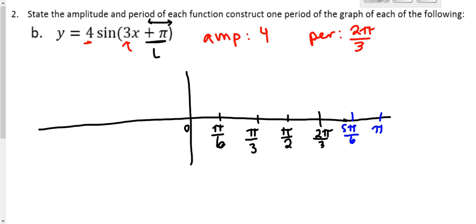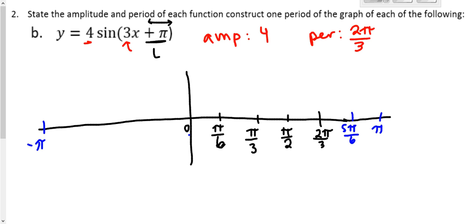So if we are going to move everything to the left by pi, the one that is usually at 0 will now be at negative pi, because that's moving to the left pi increments.